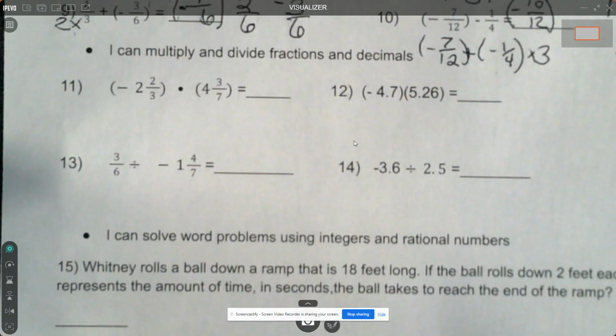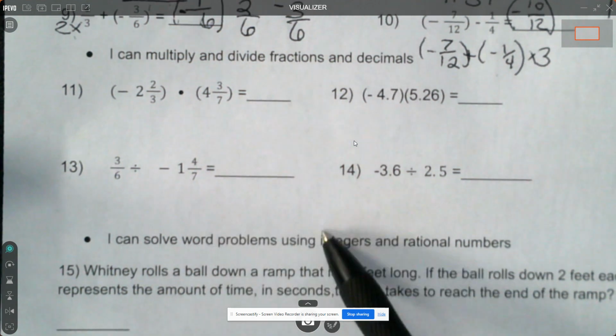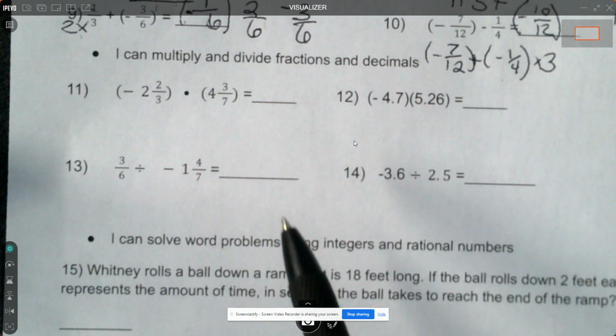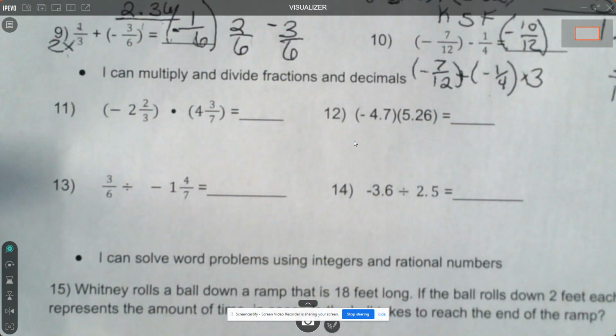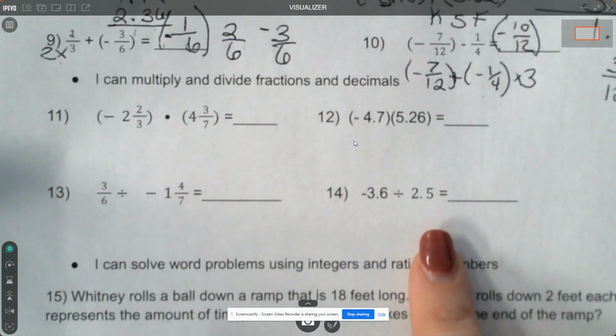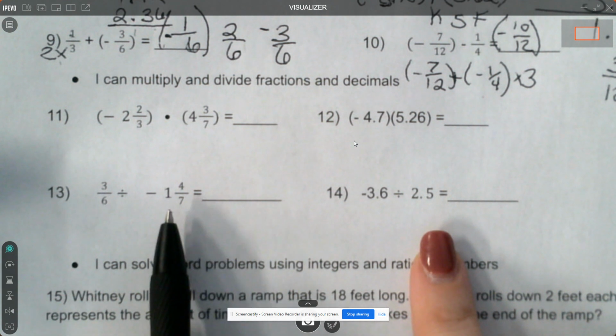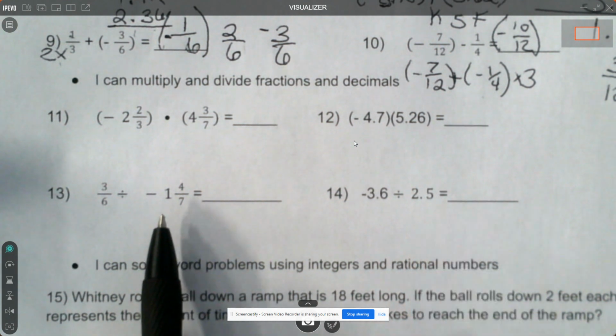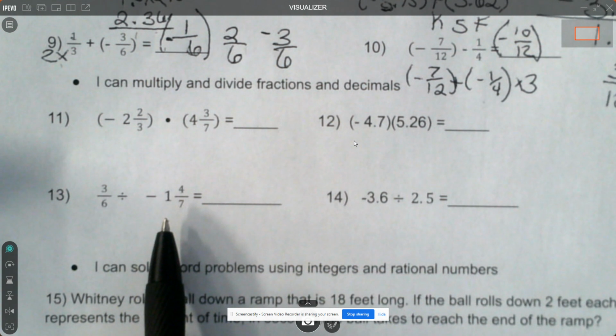Let's go on to multiplying and dividing fractions and decimals. So to save time, I'm only going to do 1 fraction and 1 decimal, just because we don't have that much time left. So when you're dividing fractions, what are the steps that you do when you divide fractions?